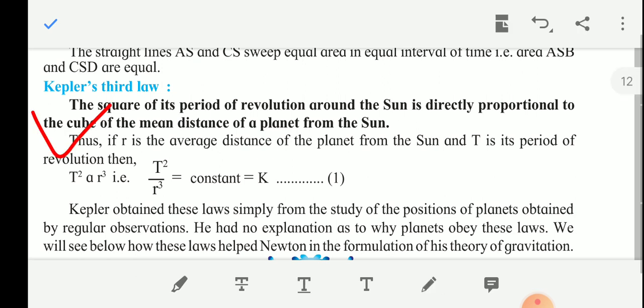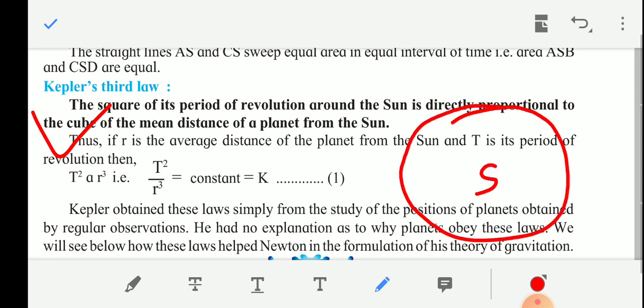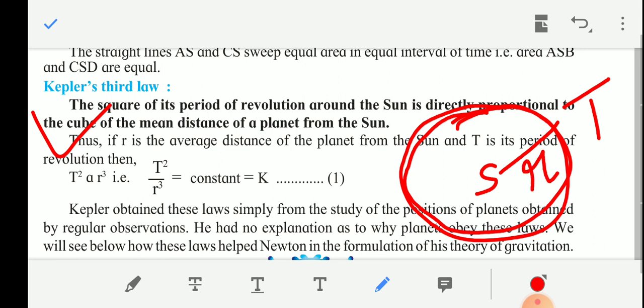It means, when there is a sun at the center and the planet is revolving around it, the time required to complete one revolution is t, and the distance of the planet from the sun is r, then the square of this time is directly proportional to r cube. You can see here they have shown T square is directly proportional to r cube. So this is the statement.